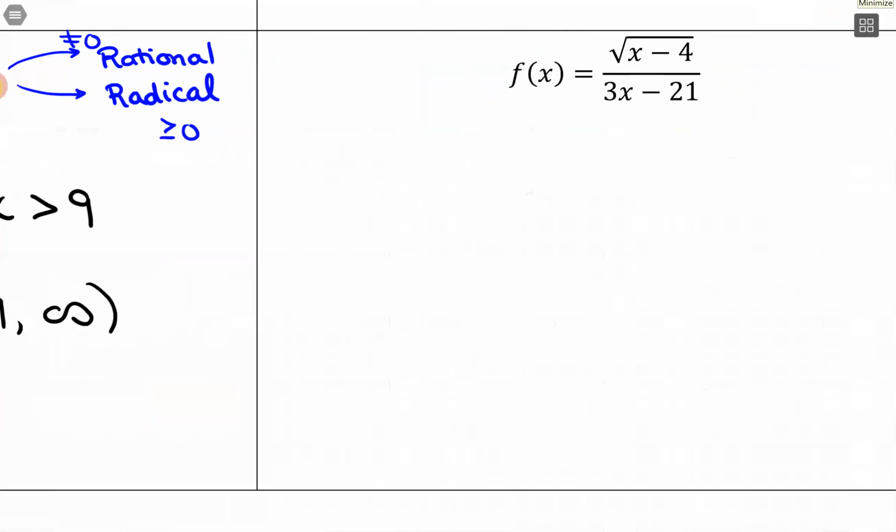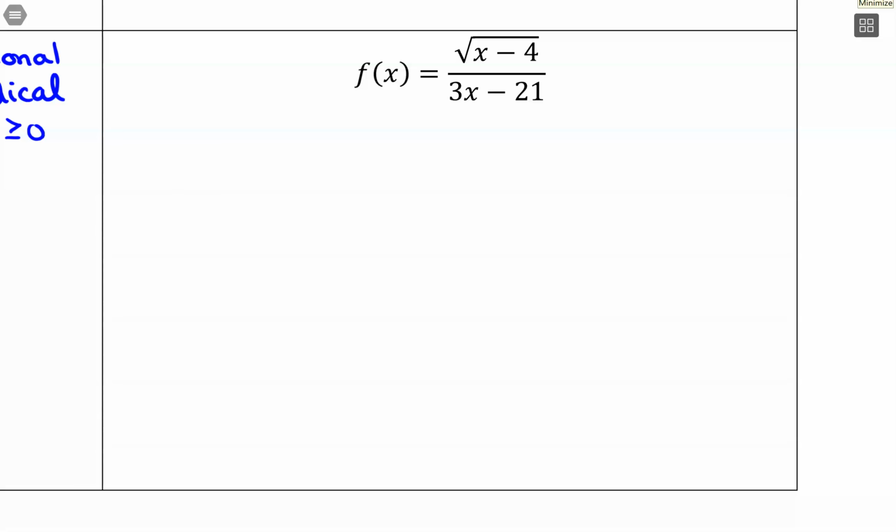Alright, let's look at another case where we combine, in that from this denominator, we'll use what we know about rational functions, which is that that cannot equal 0. And then in the numerator, we want to be careful and make sure that what's underneath that radical is more than or equal to 0.